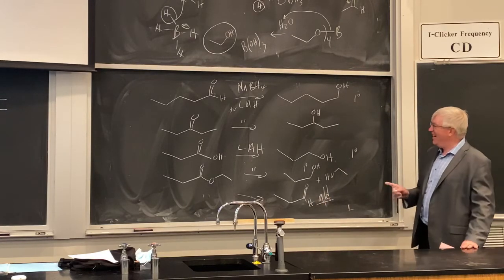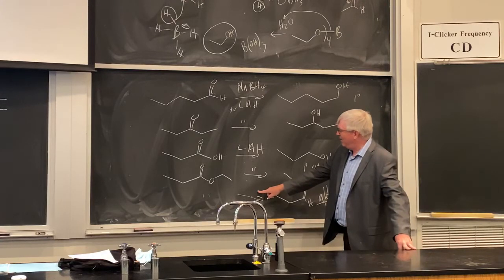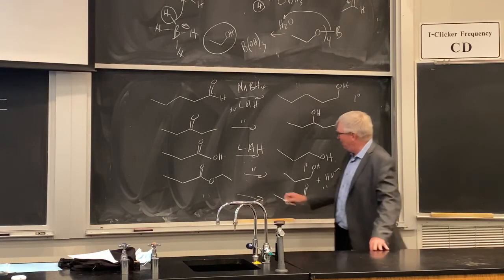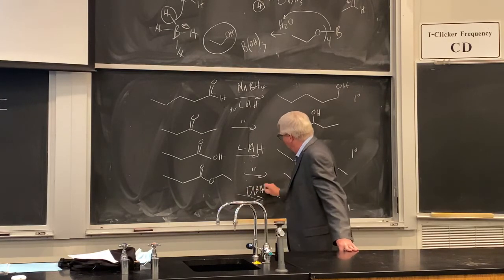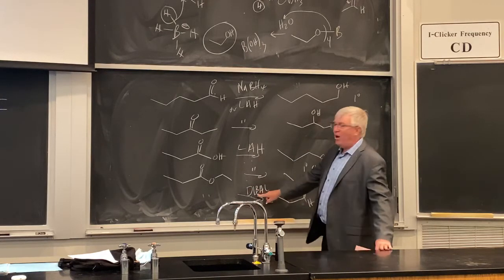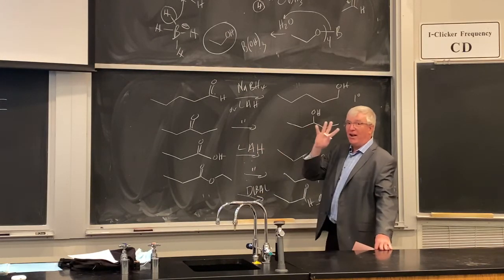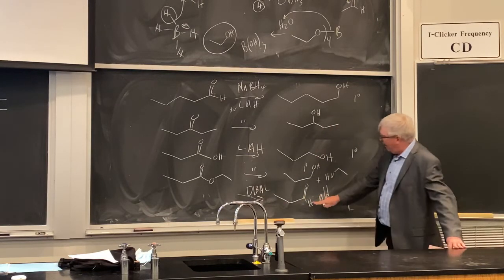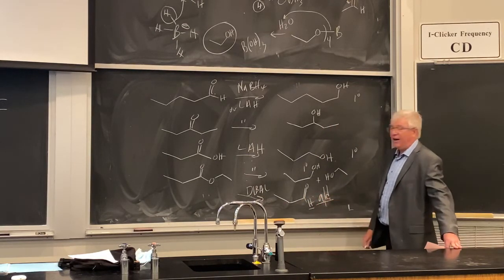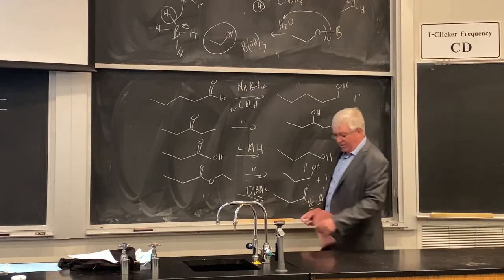Well, we need to use an attenuated lithium aluminum hydride reagent, and that will be this reagent called DIBAL, diisobutyl aluminum hydride, and it only has one hydride on it. LAH and sodium borohydride have 4 hydrides, right?